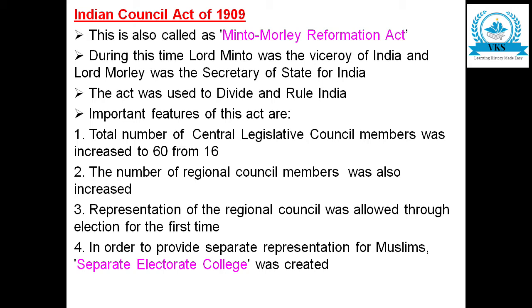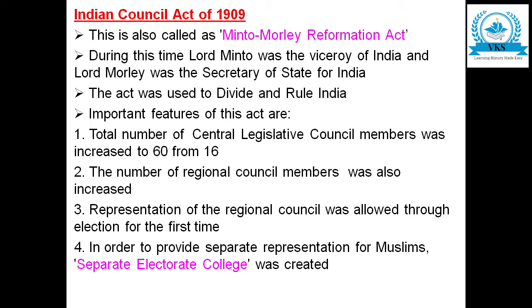The number of regional council members was also increased. Again, this looked like some more benefits for India. Representation of the regional council was allowed through election for the first time. So for the first time, an election was held to select representatives to the regional council.